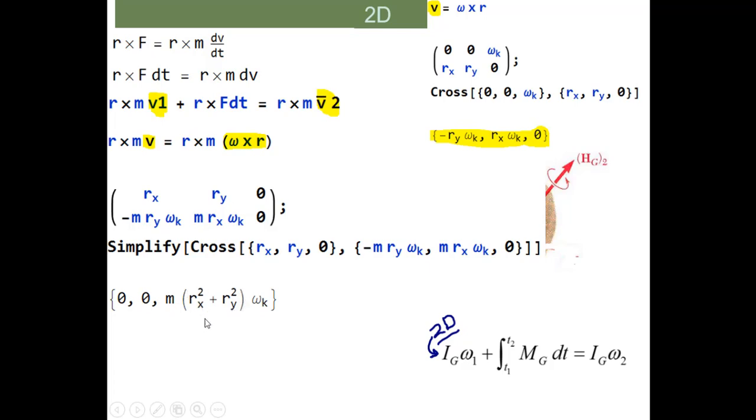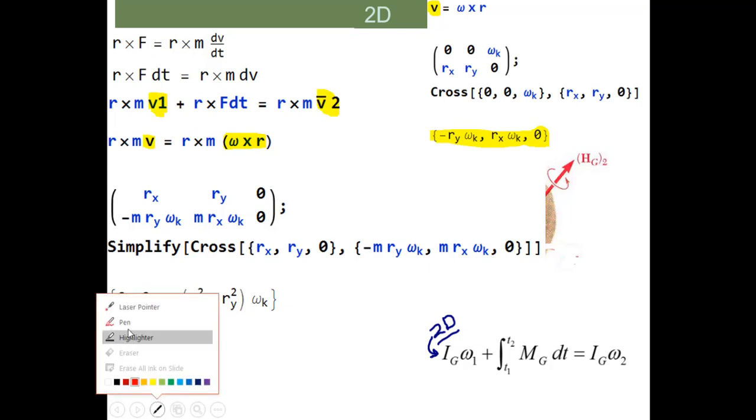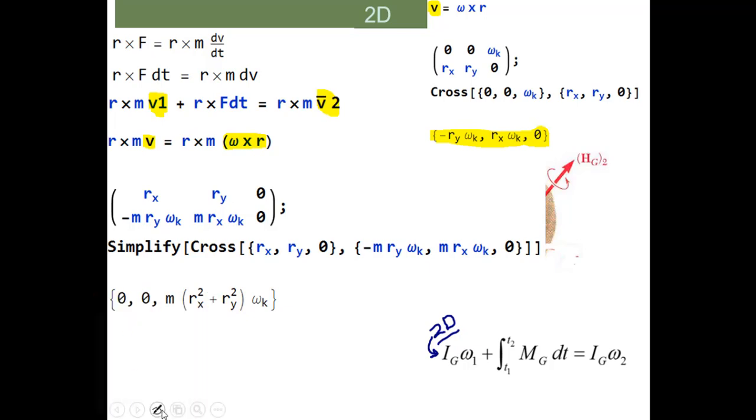And if you remember anything about polar coordinates or polar moment of inertia, if you add together the x and y directions, let me just draw that real quick. So if you have anything in the x direction, the y direction, what you end up with is the distance away from that axis coming out of the board.